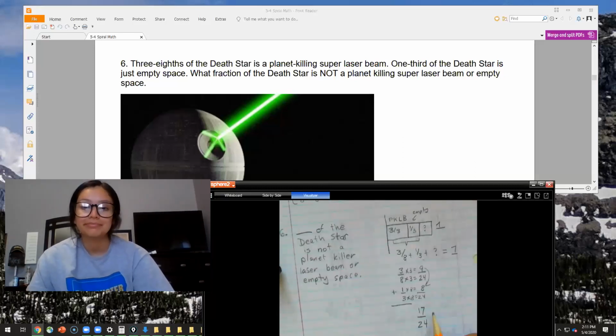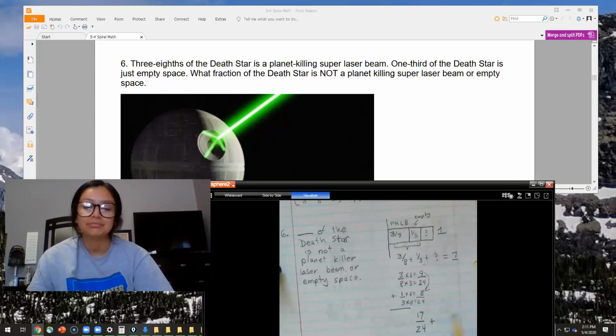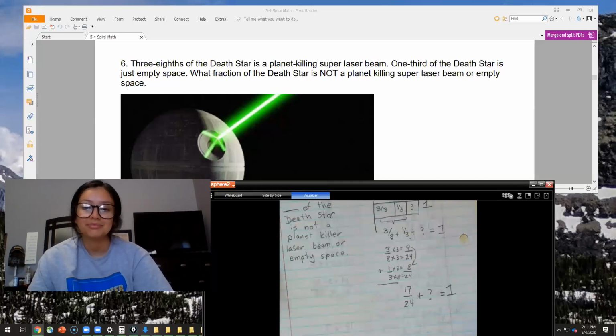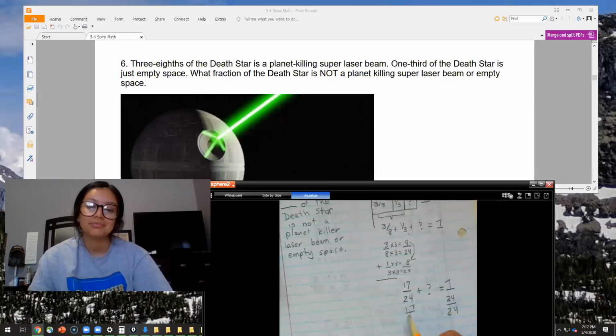So the remainder, or the leftover part, is what we want to know. So this mystery number plus 17 over 24 equals 1 whole. Well, I know that 1 whole is equal to 24 over 24. So now I have 17 over 24 plus a mystery fraction, I should be specific, and it's going to equal 24 over 24.